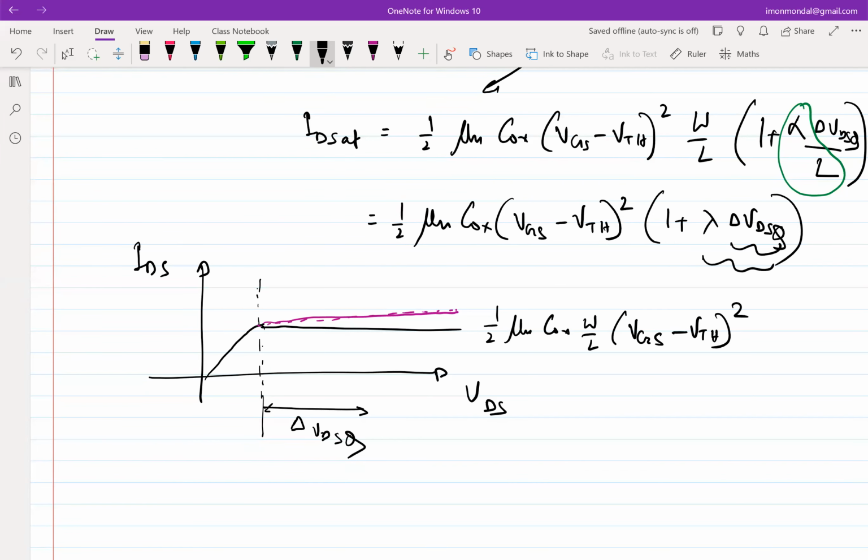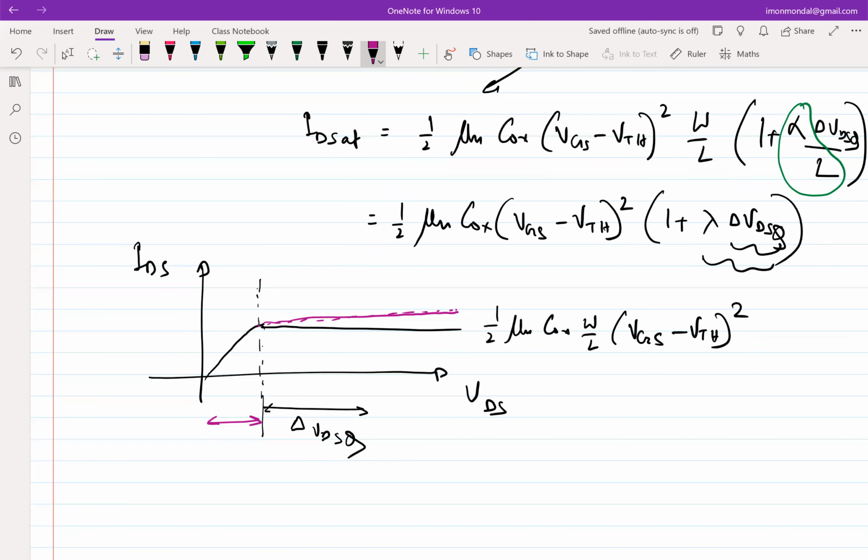But this becomes messy to deal with when you want to do quick and fast calculations. So the approximation that we very often make is that this additional offset from wherever we started off is negligible with respect to the pinch off point. So we say that this delta VDSQ will be approximated as VDS.